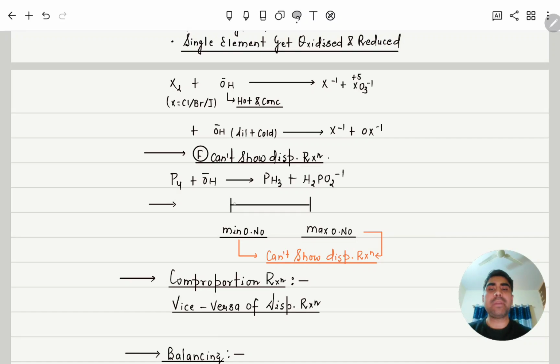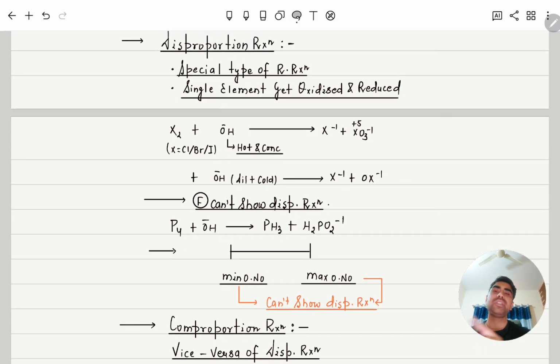In a nutshell you should remember, if any element is present at its minimum oxidation number, it will not show disproportionation reaction because further reduction is not possible. And those elements present at their maximum oxidation number also cannot show disproportionation reaction because further oxidation is not possible. Because for disproportionation, they should oxidize and also reduce.